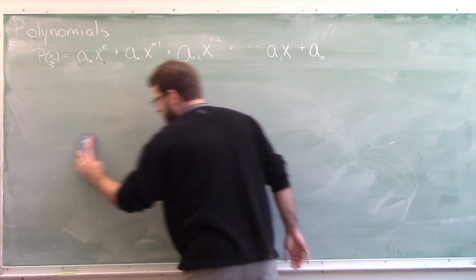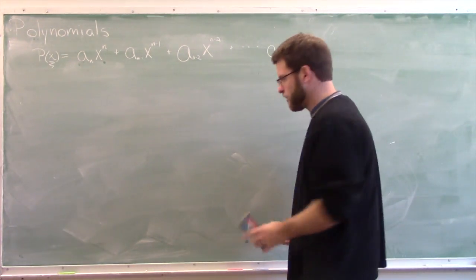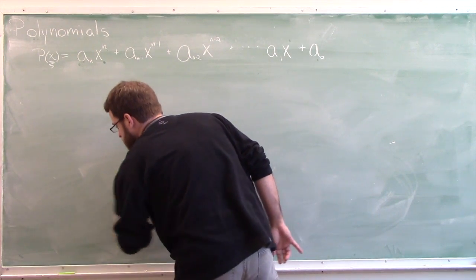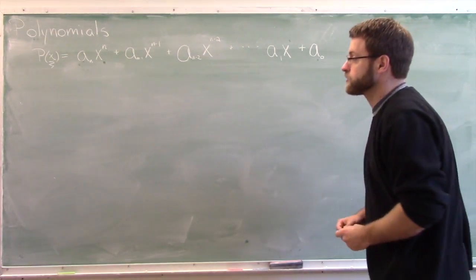Before we start talking about factored form, though, let's look at what happens if we wanted to multiply polynomials. Right? And here we're going to start with some easier, very, very simple examples and build up from those.